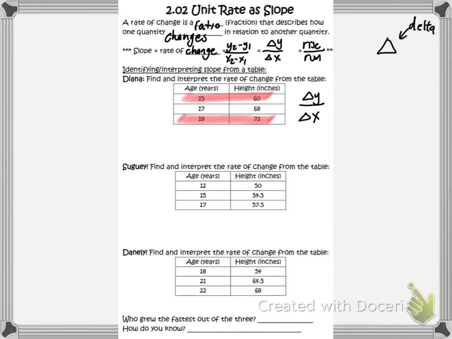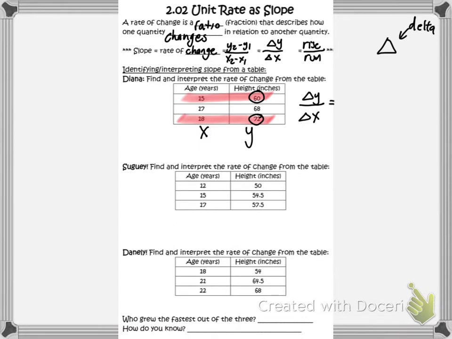And if I give you guys vertical tables, the left side will be x and the right side will be y. So the change in y. Let's look at 72 and 60. If I do the change in y, from 72 to 60, or from 60 to 72, that is a change of what?